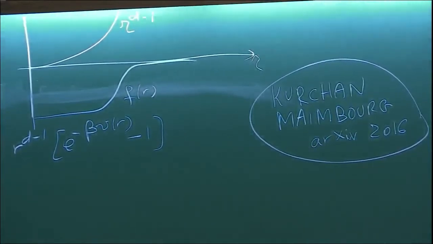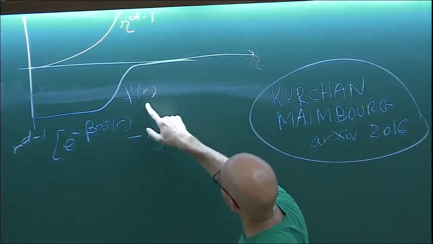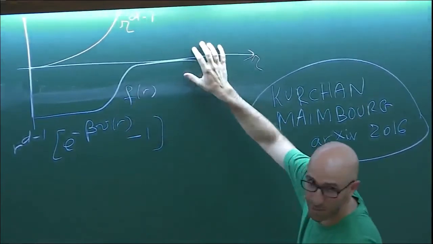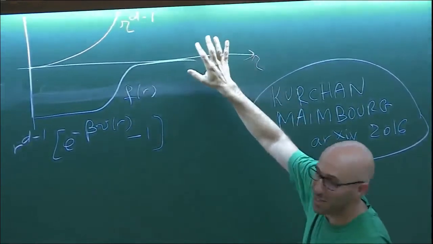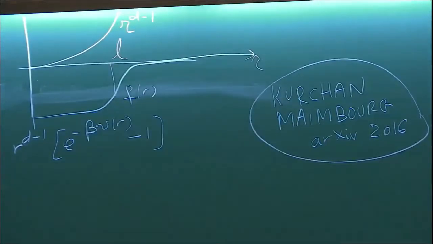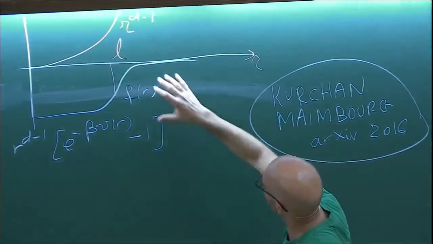If you want something non-trivial, then, if the integral is dominated by points in this region, there is essentially no interaction. If it's dominated here, there is too much interaction. So you want something dominated by this range. Let's call it L. Usually it's called sigma, but it's the effective diameter of the particles.